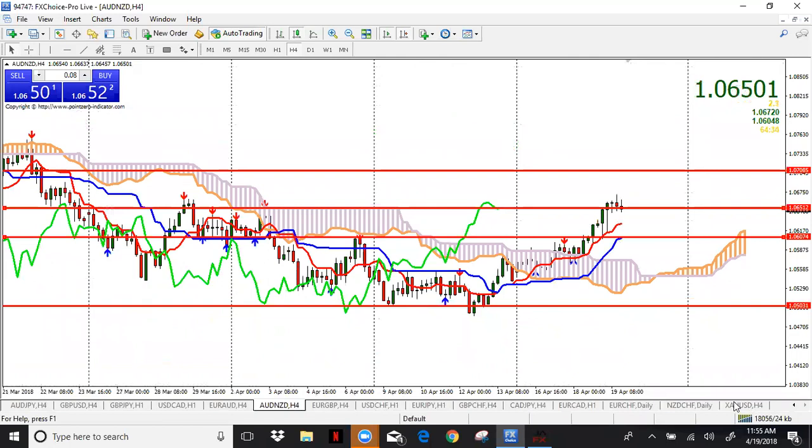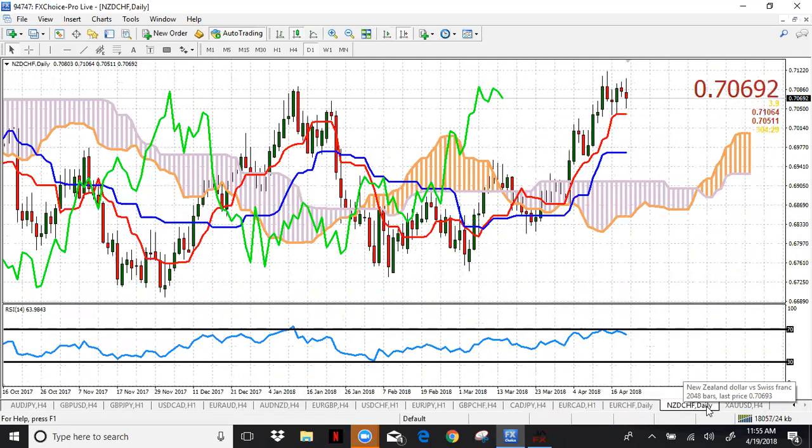So what's your guidance on too many charts? Would you say just pick a pair? I would pick a few just to analyze, but I wouldn't do too many.